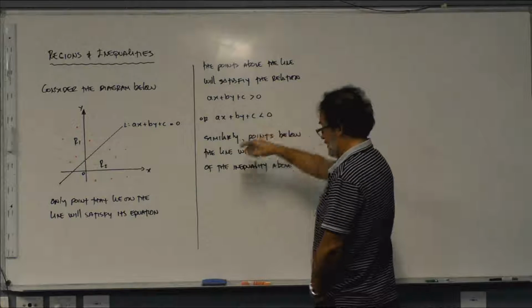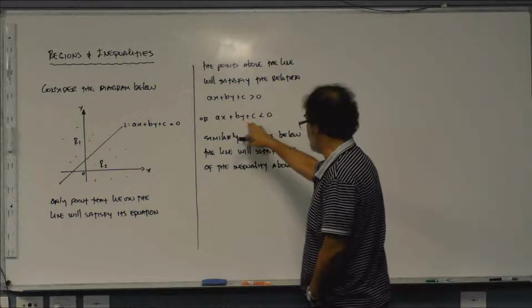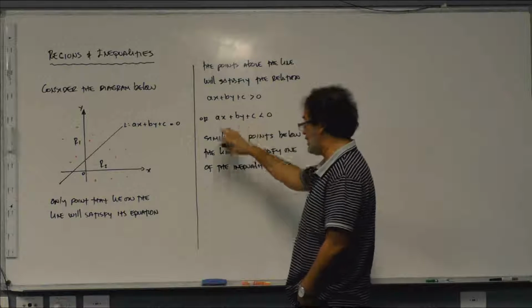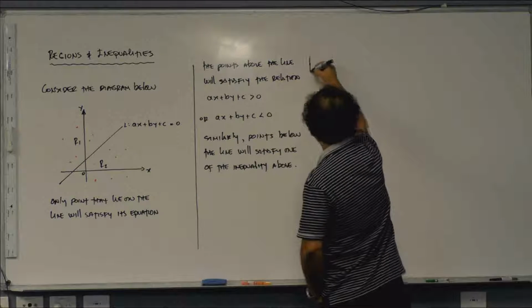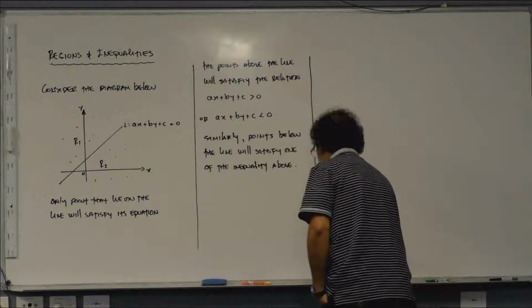So we don't know which one will satisfy this inequality and which one will satisfy that one. Now we're going to do an example to illustrate how we're going to find the answer for that problem.